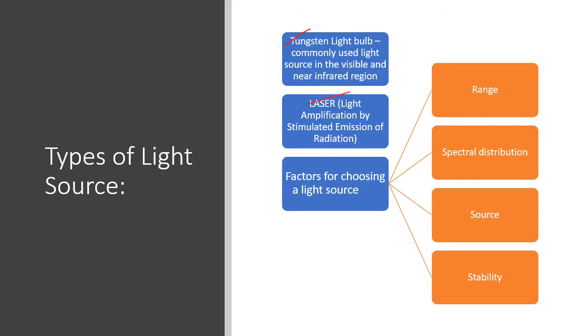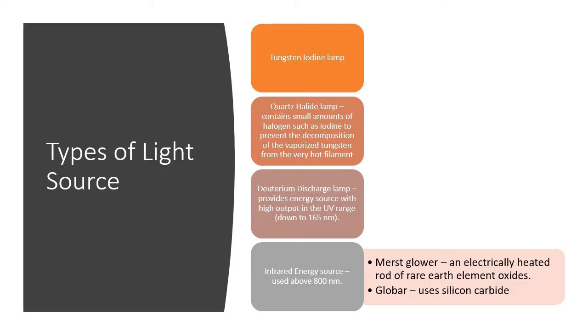You have your laser, or light amplification by stimulated emission of radiation. And then, you also have your factors for choosing a light source, which is basically the range. Kung gusto mo ba na visible spectrum lang siya, or abot na yung UV and infrared, it's your choice. Spectral distribution, again, source, and then yung stability niya.